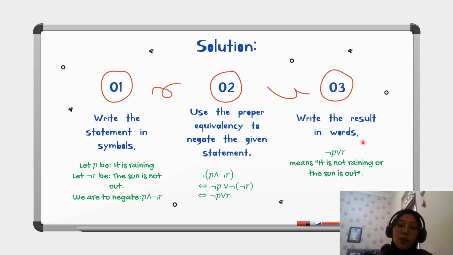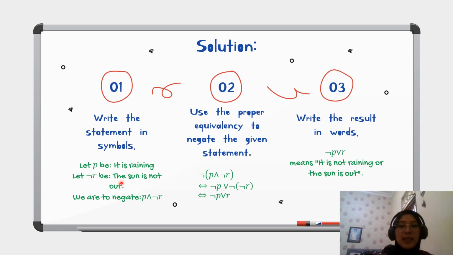Let P be it is raining and let negation R be the sun is not out. We are to negate P and negation R. The second step is to use the proper equivalence to negate the given statement.